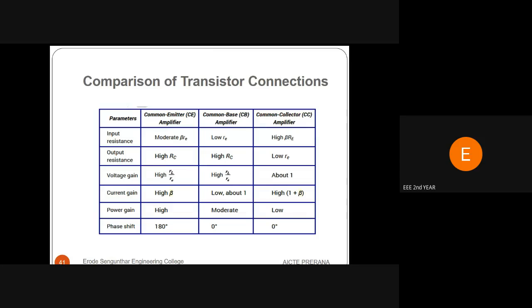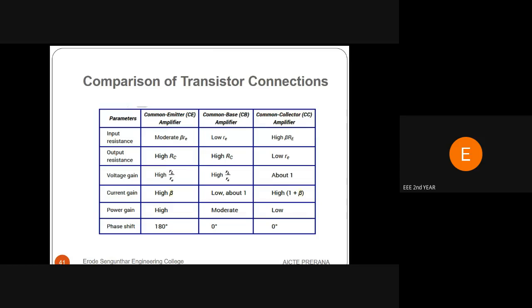The input resistance in common emitter configuration is moderate level, common base configuration is low level, common collector configuration is high. The next parameter is output resistance. The output resistance of common emitter configuration is high, common base configuration is also high, common collector configuration is low.